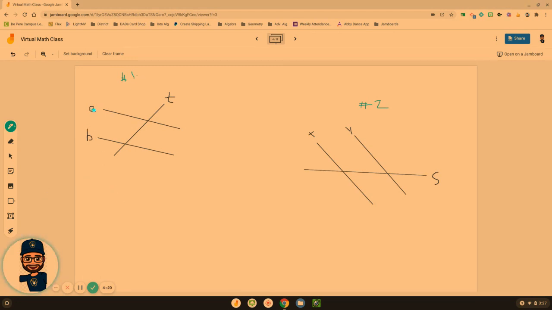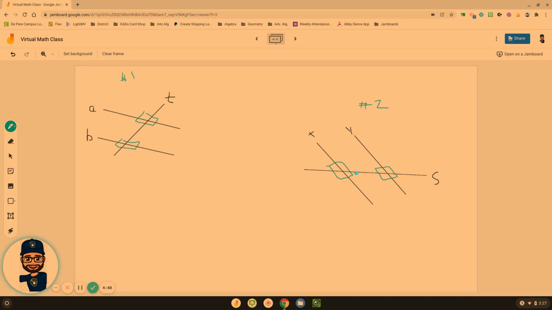But what we have are A and B that look like they might be parallel that are cut by T. And when we do that, we've got 2 sets. We've got 1 set up here of angles, and we've got 1 set of angles down here, with my T being the transversal. In the other diagram, we've got X and Y. So this is a set of angles, and this is a set of angles.